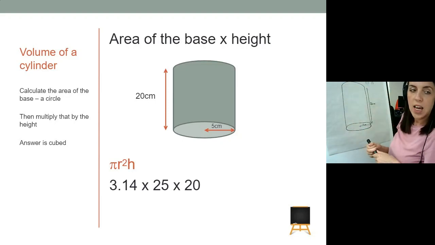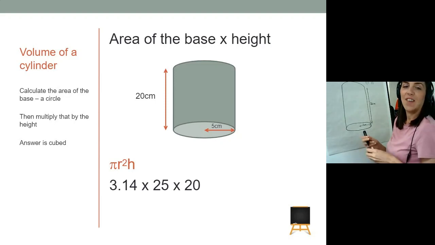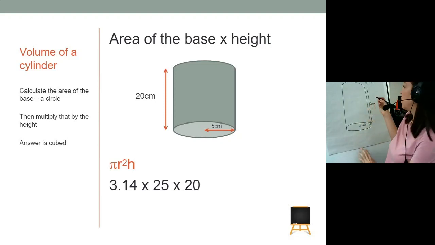So we know that the formula for the area of a circle is pi r squared. So for volume of a cylinder, it's pi r squared h, as mentioned here.